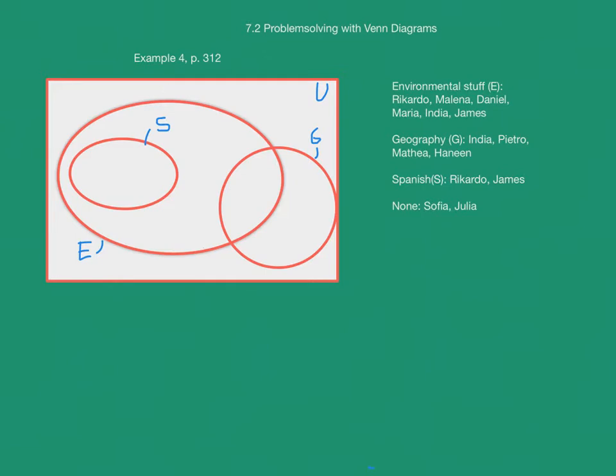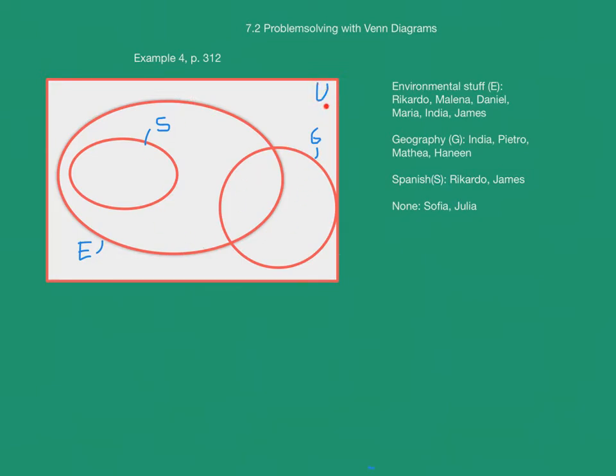So here we've made these shapes in the Venn diagram, and this is the circle for Spanish, and here is the environmental stuff, and this is geography.